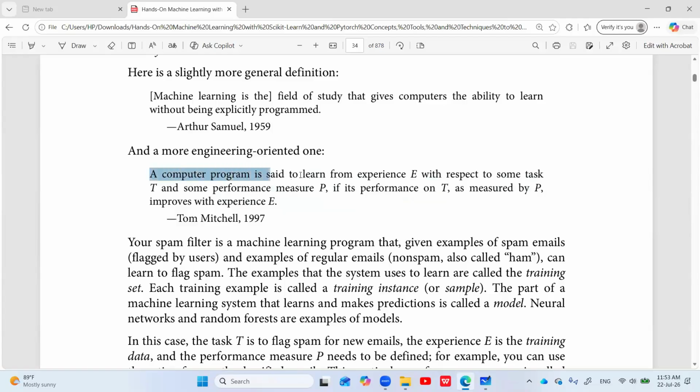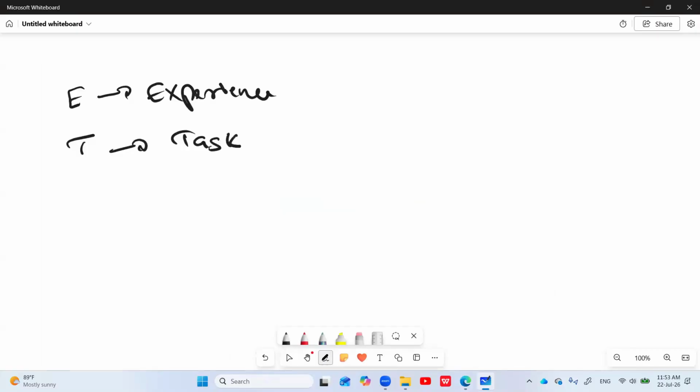How do we understand this properly? A computer program is said to learn from experience E. We'll write those symbols first. E is experience. T is the task. P is the performance.